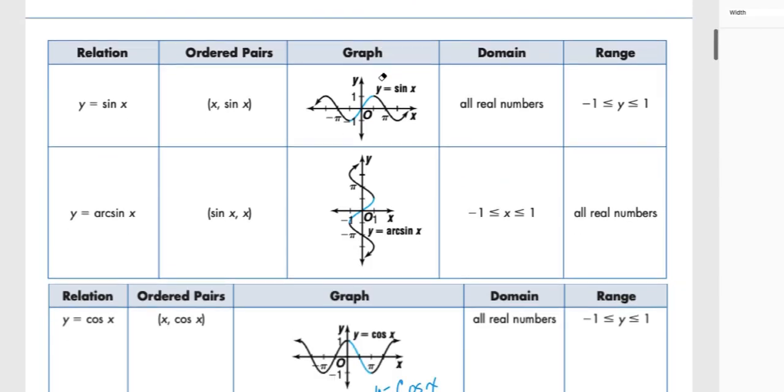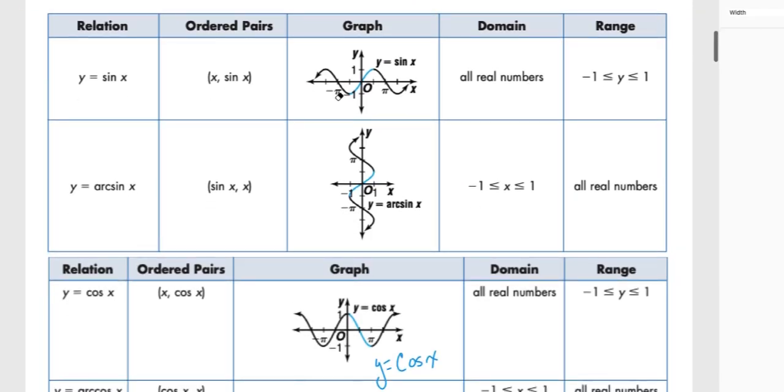So what I want you to see here is that we have a sine function. We know that the ordered pair is x and the sine of x, so x and y. But when we deal with the inverse, we use arcsine, or sometimes we'll use this symbol, and we'll see it a little bit later on. We'll use sine inverse of x, okay?